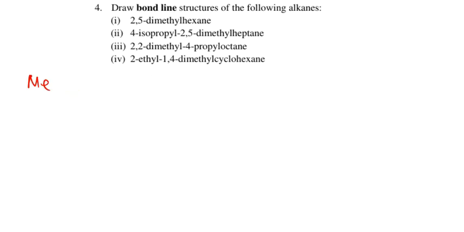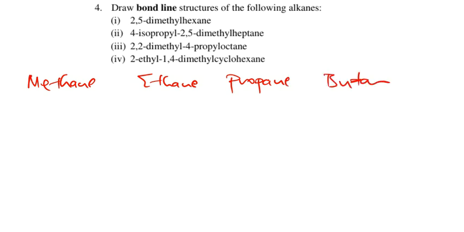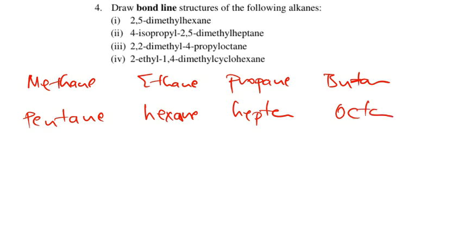Methane for the first one, ethane for 2, and then propane, butane for 4, pentane for 5, and then hexane for 6, heptane for 7, octane for 8, nonane for 9, decane for 10, and so on and so forth. You just end there.